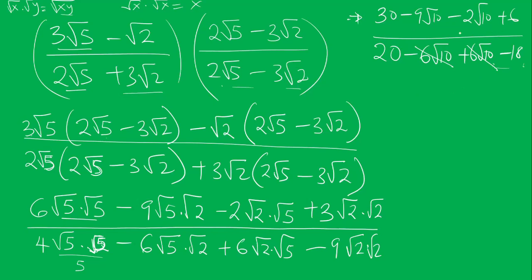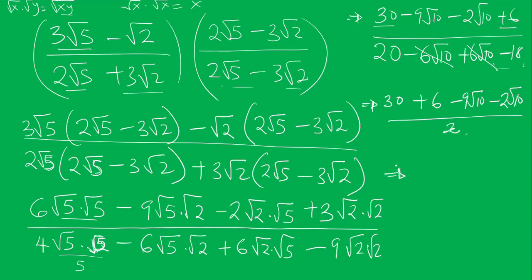Now for the numerator, we need to add like terms. So here I now have 30 plus 6. Then this other one is minus 9 root 10 minus 2 root 10. Divide by 20 minus 18, which will give you 2.